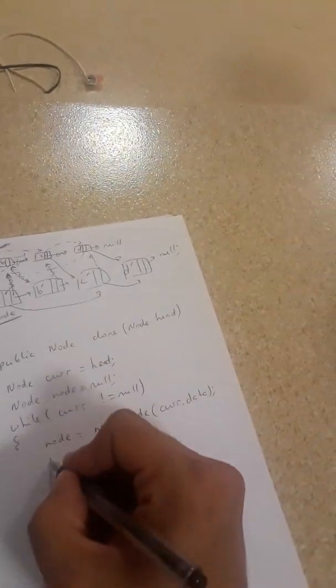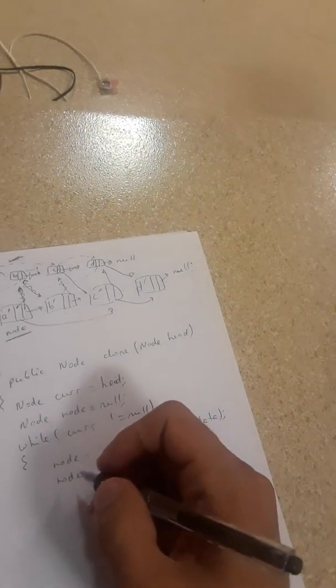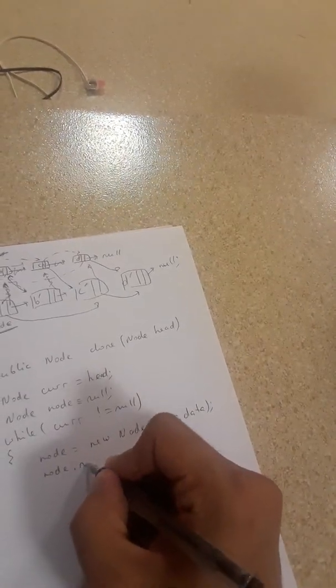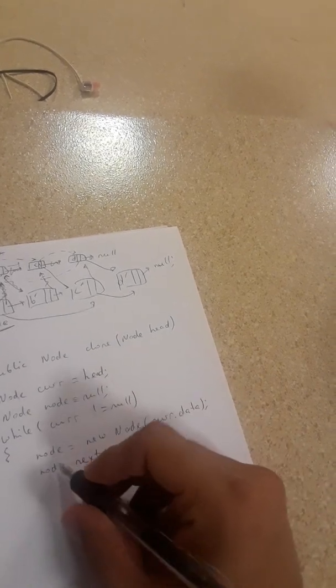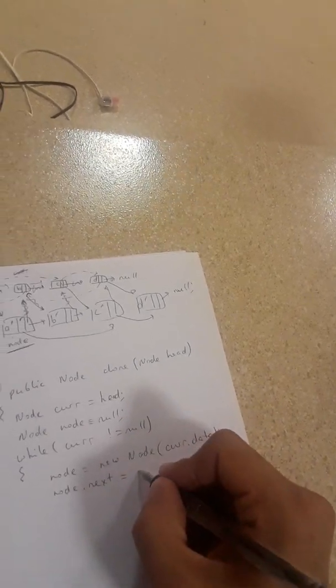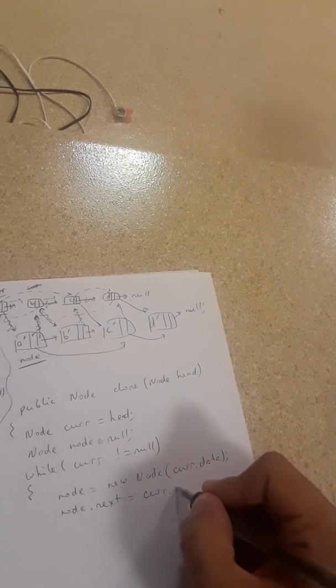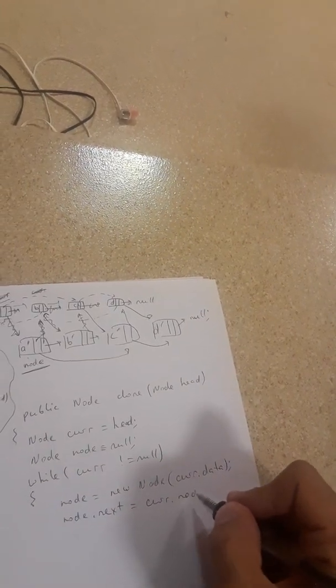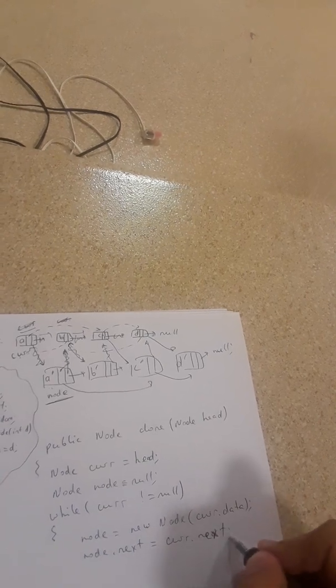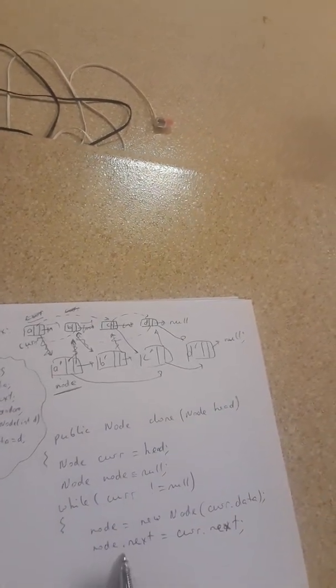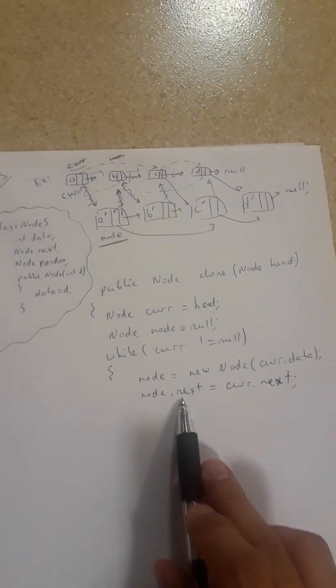After that, I will just point the next pointer of my newly created node to the node of my current node. So basically my node will be pointing at the same node as my current one.